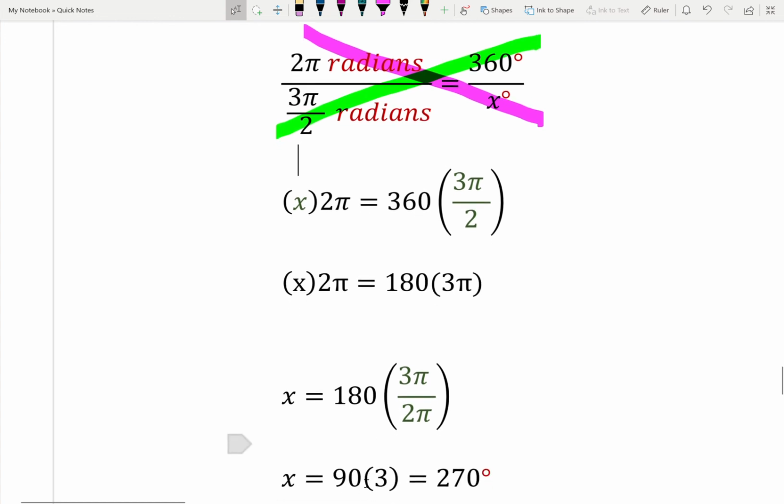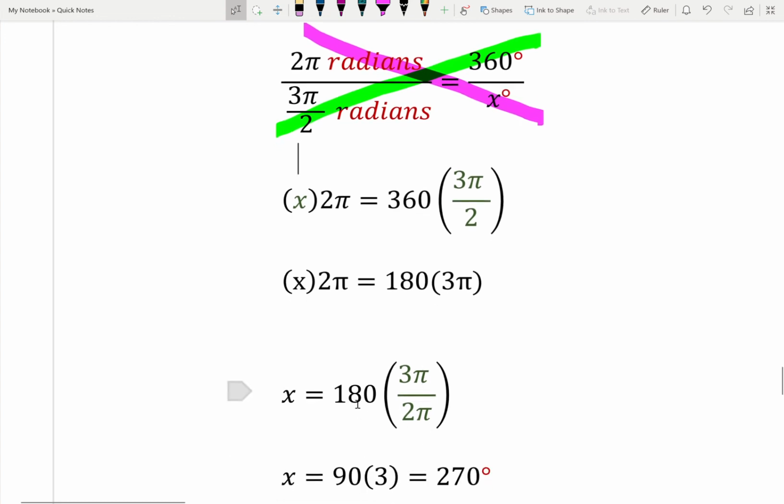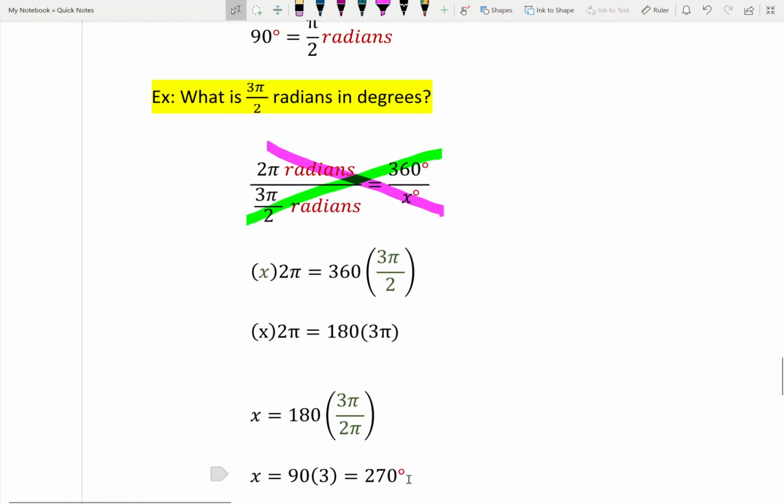So all I'm left with here, after the pi's cancel out and the 180 and the 2 simplify, is x equals 90 times 3, which is 270. So what does this mean? This means that 3 pi over 2 radians is equal to 270 degrees.